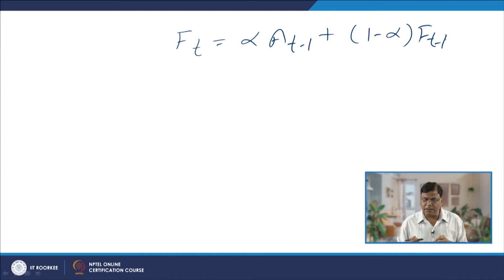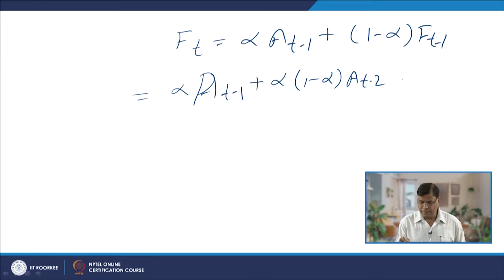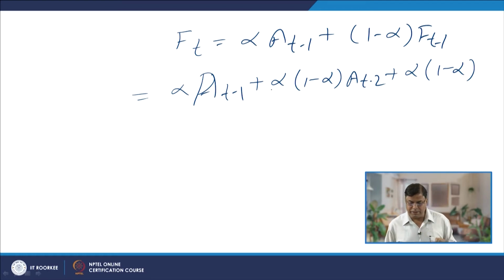If you want to consider the demand of the two previous periods, then the equation will be a little bit modified. How will it be written: alpha A_(t-1) plus alpha (1 minus alpha) A_(t-2) plus (1 minus alpha) squared F_(t-2).